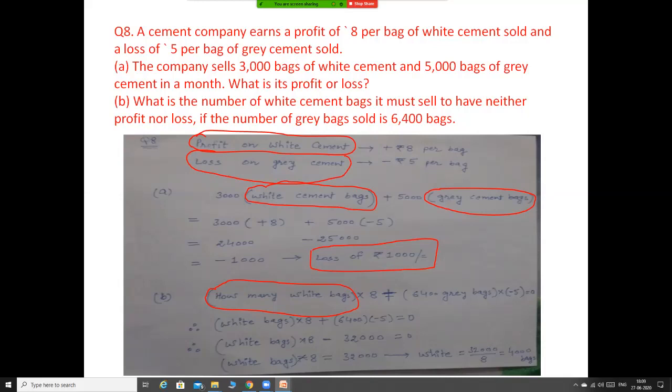Now this 8 will go to the denominator, dividing 32,000 by 8, the answer is 4,000 bags. So 4,000 white bags of cement should be sold so that there is no profit, no loss.